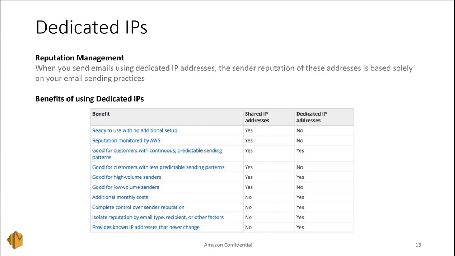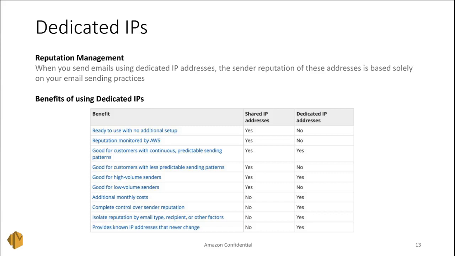And if you are a high volume customer, or if you want to have your own reputation, then you want to use dedicated IPs. Dedicated IPs help you build reputation for your IP. Since you will be the only customer sending emails through that particular IP, the reputation is built solely on your email sending practices.